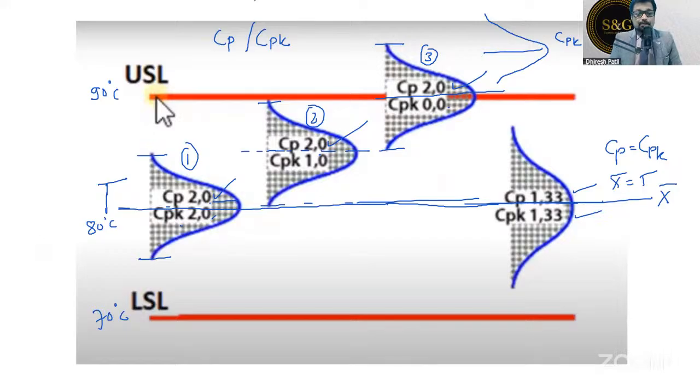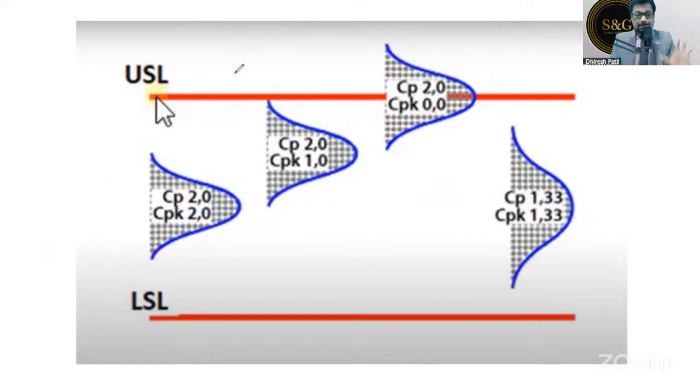What is the relationship between Cp-Cpk and sigma? The relationship is this. Write this down. So what is the relation between Cp-Cpk and sigma? Right? So the relation is this. If your Cpk value, let's say, is 0.33, that is nothing but a 1 sigma process. If it is 0.66, it is a 2 sigma process.